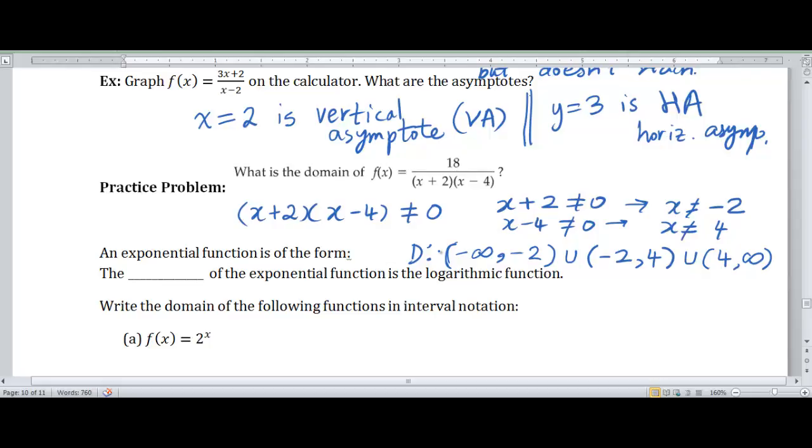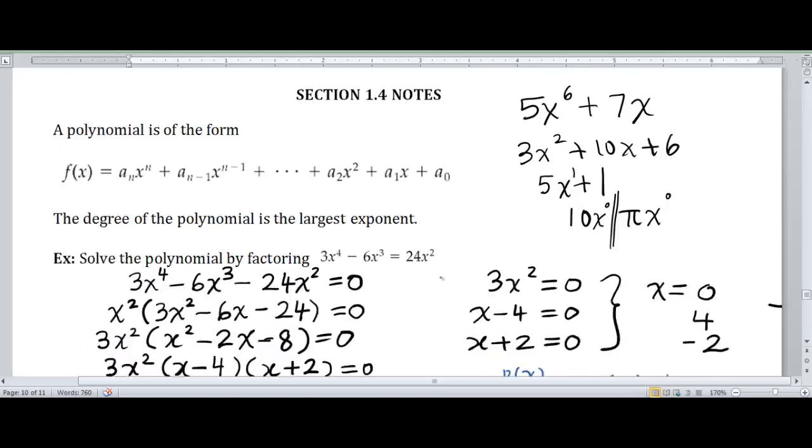Alright, and then it says, oh, I'm running out of space here. An exponential function is of the form y equals b to the x. Scroll down a little bit.